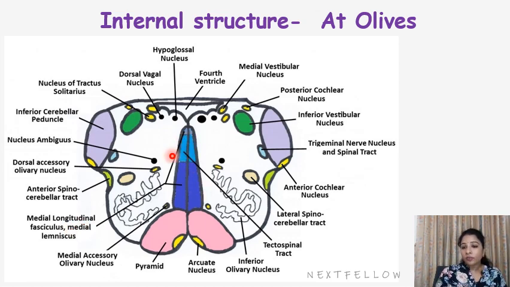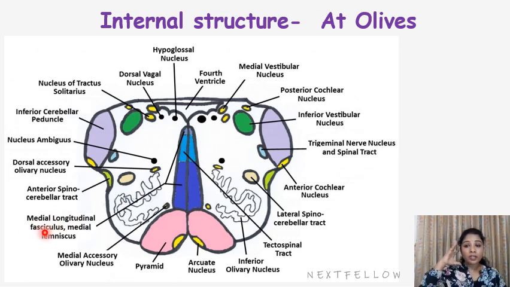The medial longitudinal fasciculus is an interconnecting bundle which connects the cranial nuclei, that is the 6th, 4th, 3rd, and even the 11th cranial nerve nuclei. All these cranial nerve nuclei are interconnected with each other for proper coordination by means of the MLF.